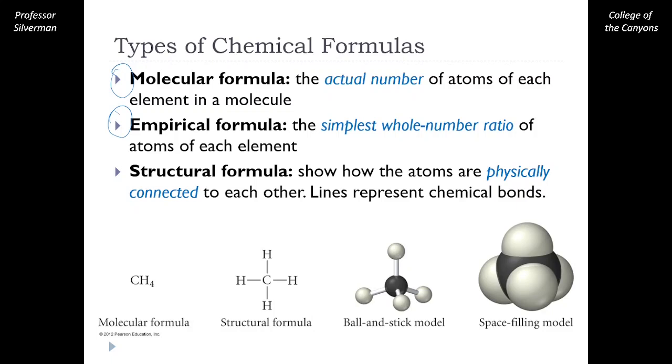What is the simplest ratio of elements to each other? We can also display our chemicals with maybe extra three-dimensional information. If you have a structural formula, you can show where the chemical bonds are, or maybe the three-dimensional shape, or maybe how much space these atoms actually occupy in real life.